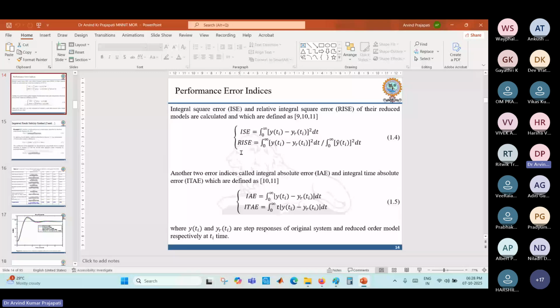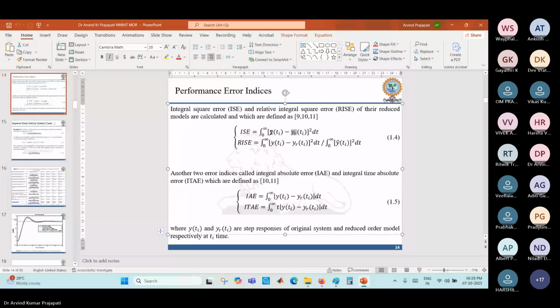By using these formulas, y and yr are the step response of the original system and the step response of the reduced system respectively.